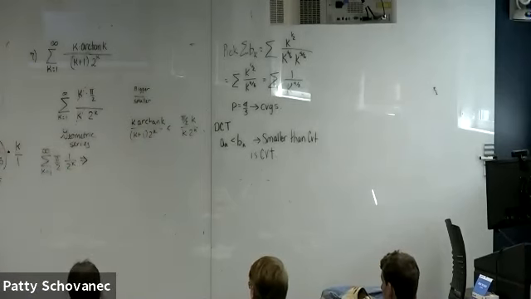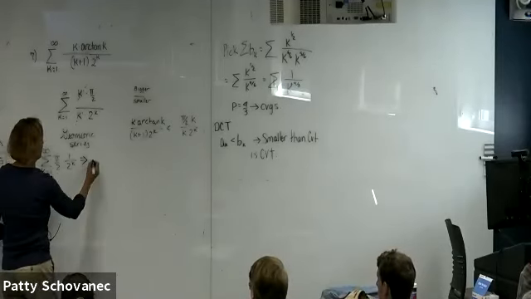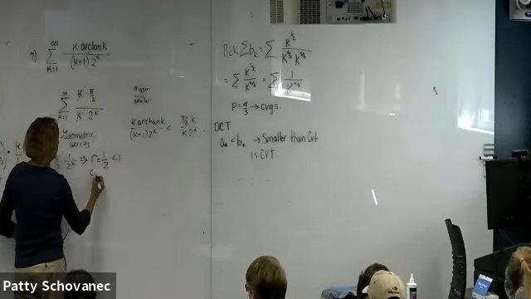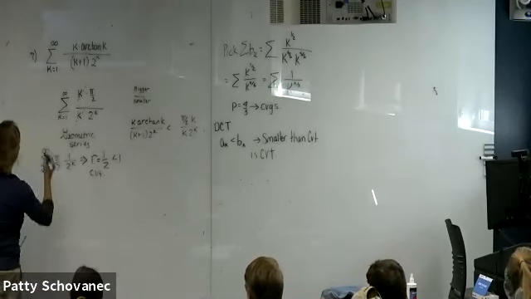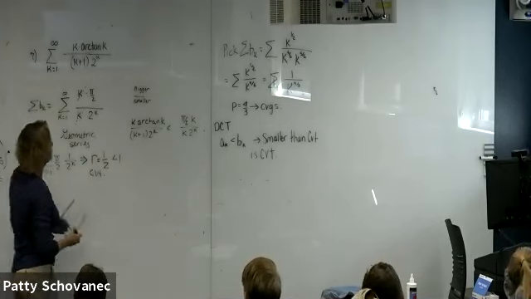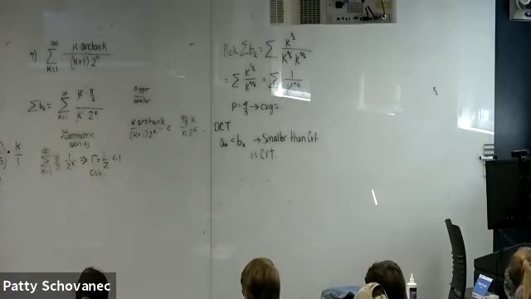Do you have a convergent or a divergent geometric series? Convergent, because r is 1/2, smaller than 1. So our b_k series is larger than the a_k series and is convergent.